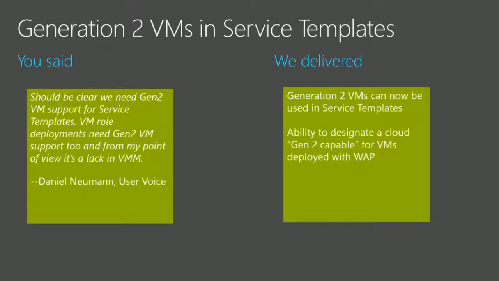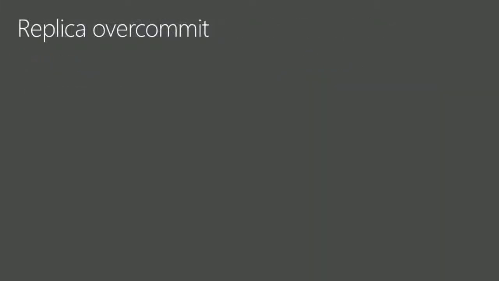So in UR6, we've added Gen 2 VM support for service templates. You can drag and drop them in. They work like everything else. You can also designate a cloud to be Gen 2 capable. And then when you deploy VMs in WAP to that cloud, you can get Gen 2 templates. So that is new.